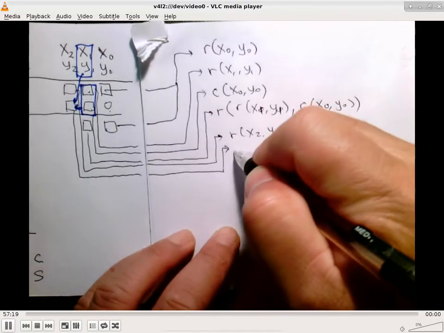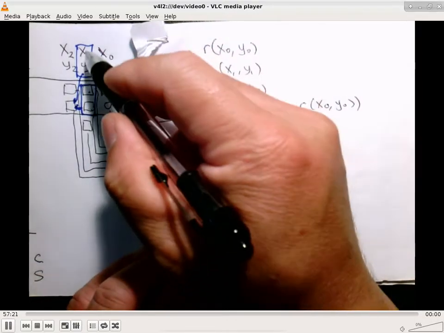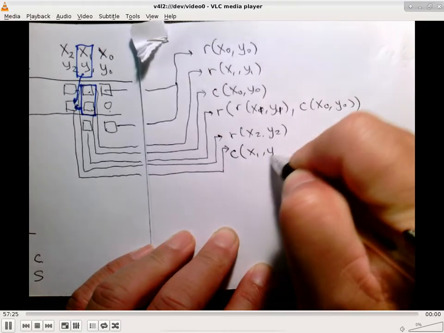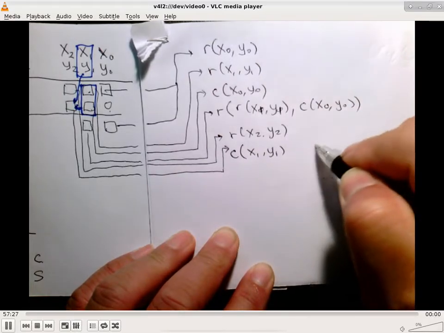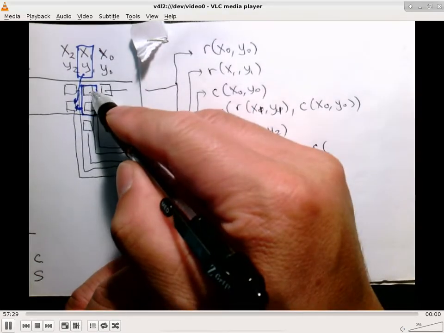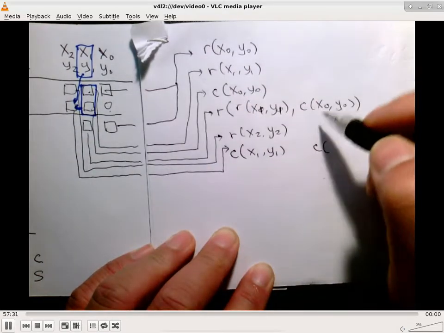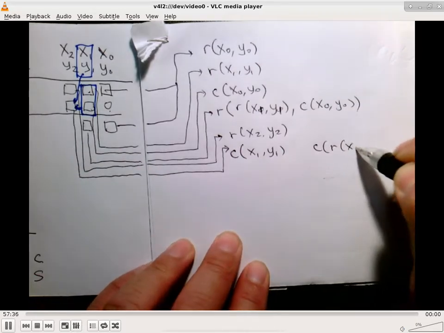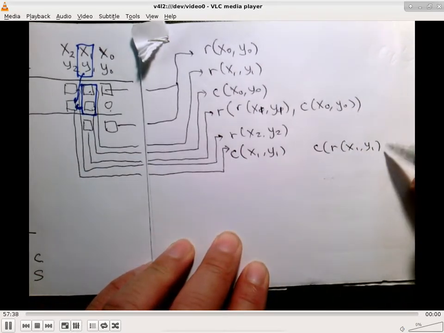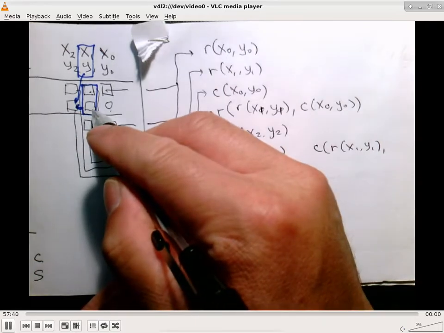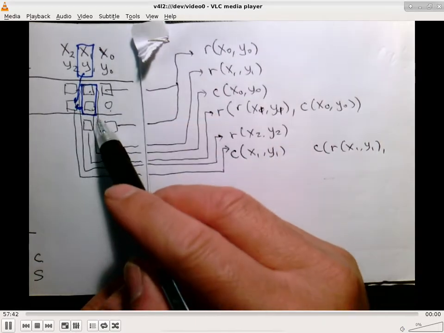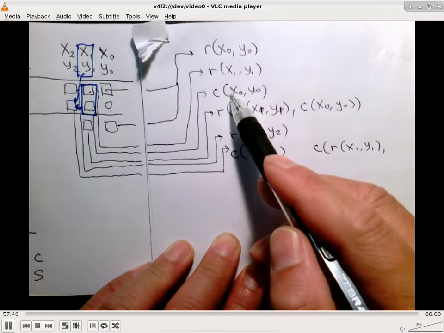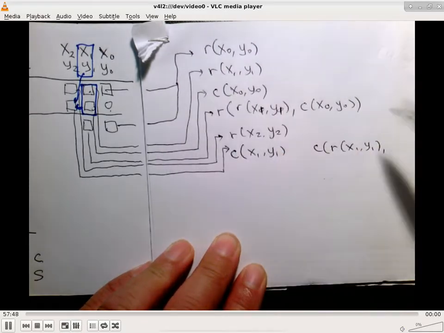One component is the carry of adding x1, y1. So C(x1, y1) is one component. The other component is adding this thing here and this thing here. Now this thing by itself is R(x1, y1). And then the other thing is this one here, which is by itself a little bit complicated because when you follow the lines, it is C(x0, y0).